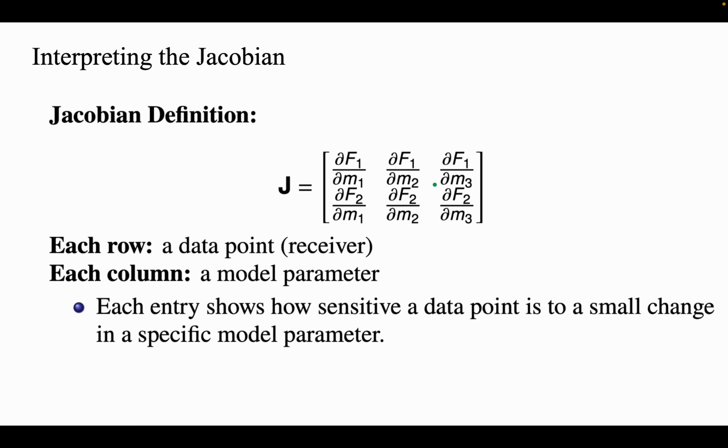The Jacobian will be like this, 3 model parameters and 2 recordings, each row a data point or receiver, and each column a model parameter. Each entry shows how sensitive a data point is to a small change in a specific model parameter. Okay, now you guys get it?